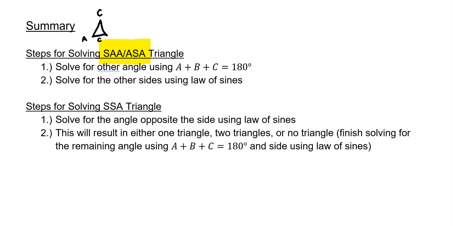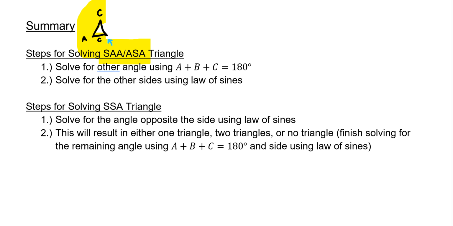And just so we can tell the difference here, if you're given little c, capital A, capital C, this would be an example of a side angle angle, because you have a side and then an angle and then an angle directly in that order. It doesn't skip something.